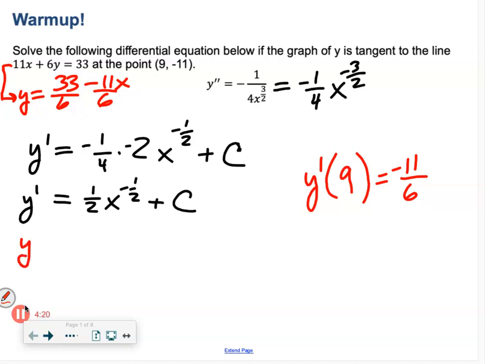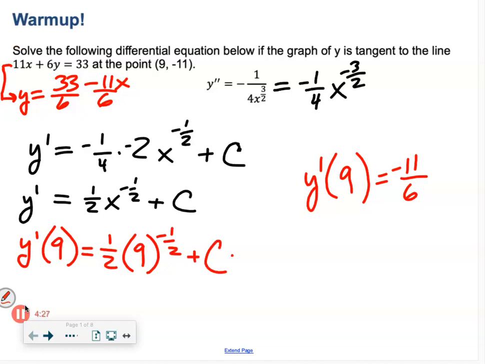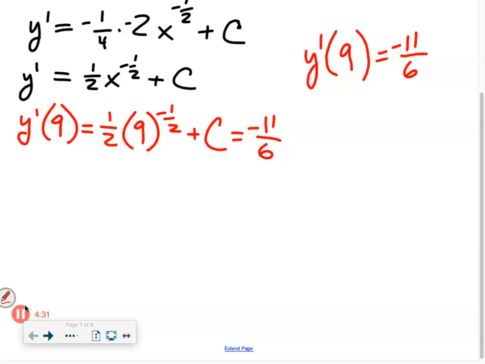So if we plug in a 9, this thing should equal -11/6. Well, why would I give you such horrible fractions? Because 9 to the -1/2. Well, 9 to the 1/2 is 3, so 9 to the -1/2 is 1/3.